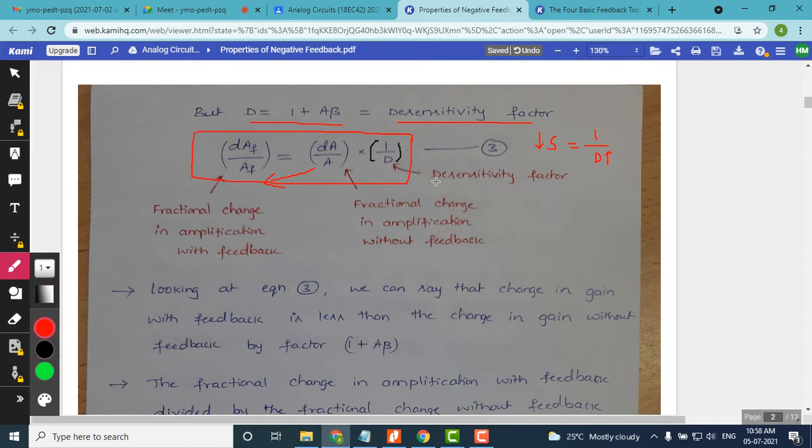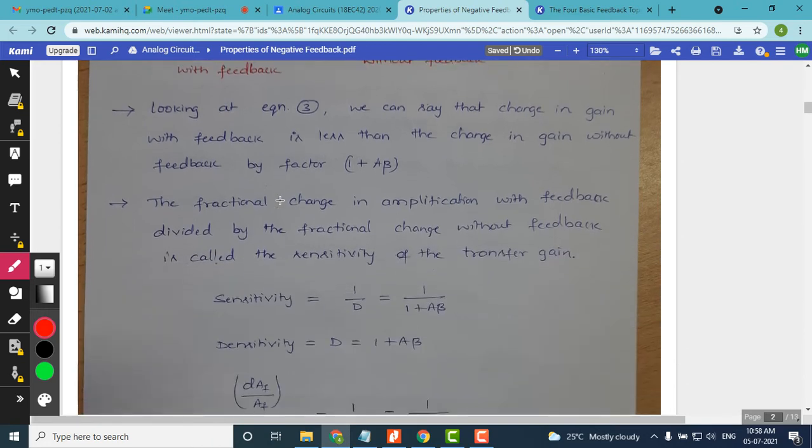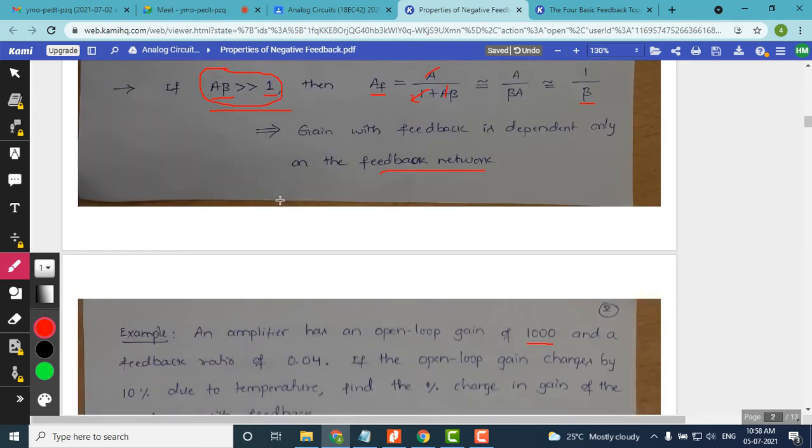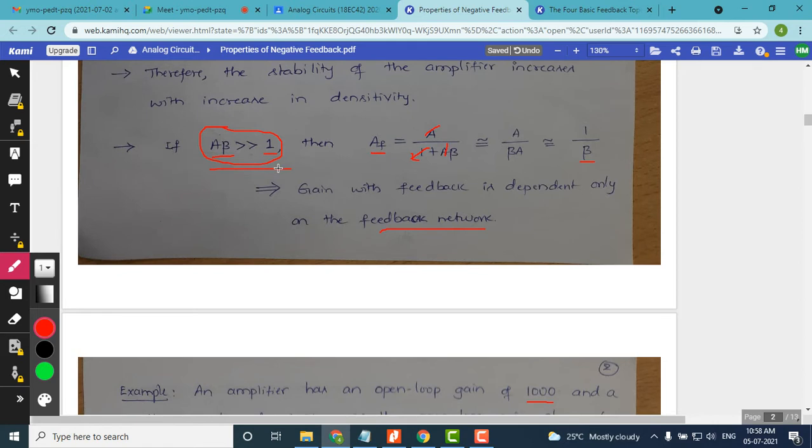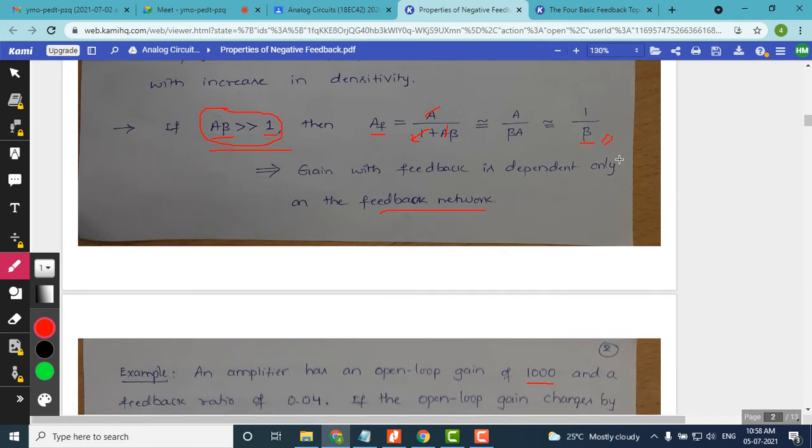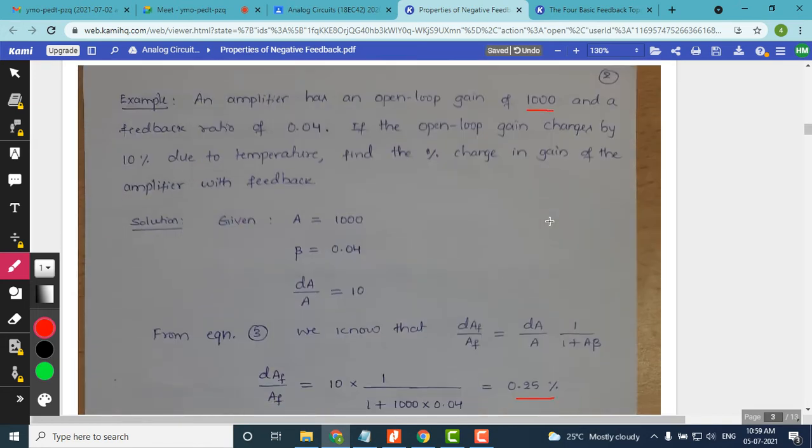This is a formula we have derived. This equation should be remembered, and we have shown that gain with feedback is independent of open loop amplifier gain, and that is equivalent to 1 by beta also. Okay, so this derivation, and we have solved one problem.